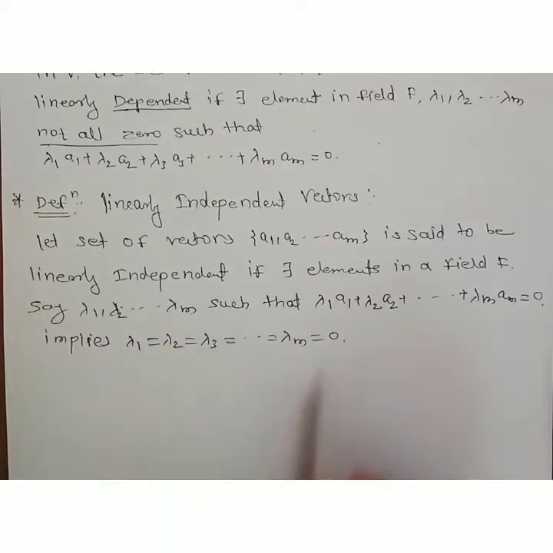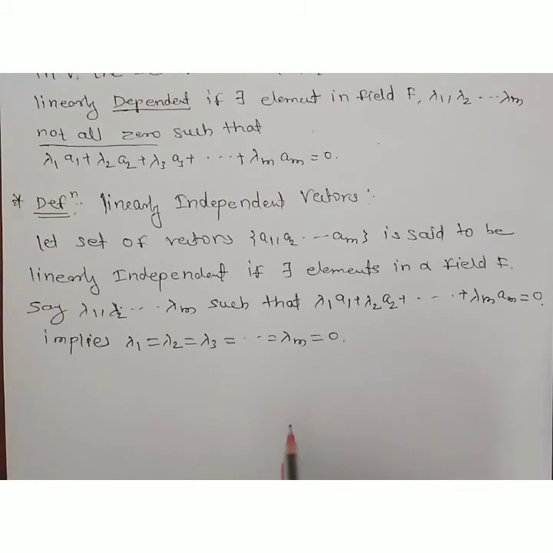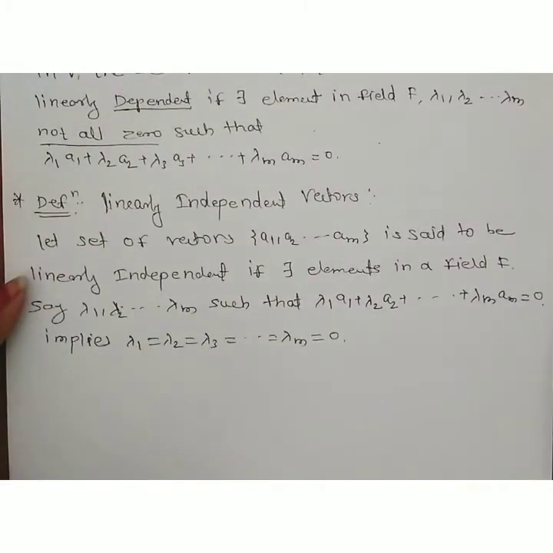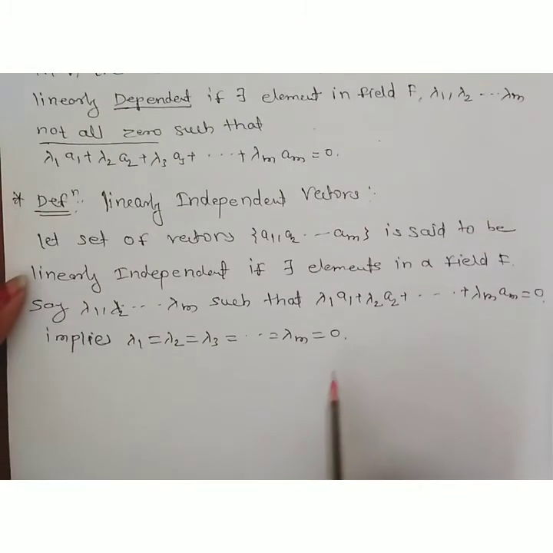So what is linear dependence? In linear dependence, some scalars lambda 1, lambda 2 up to lambda m are non-zero, but in linear independence, all these scalars over the field F are 0. This is the difference between linearly dependent and linearly independent vectors.